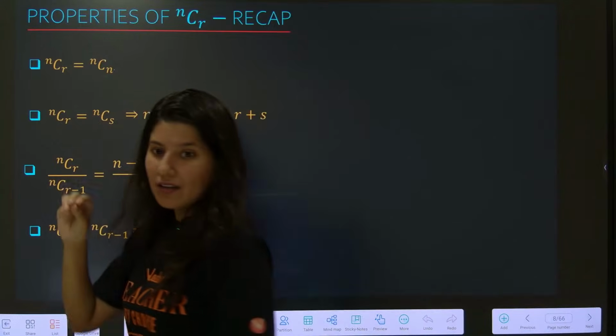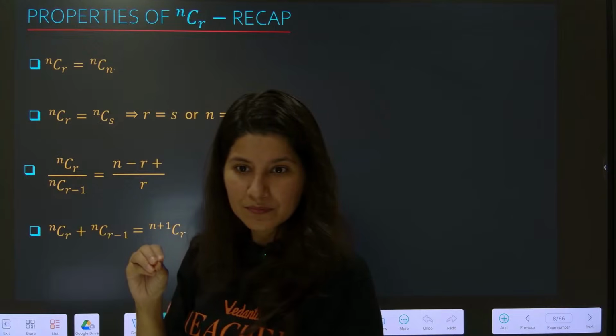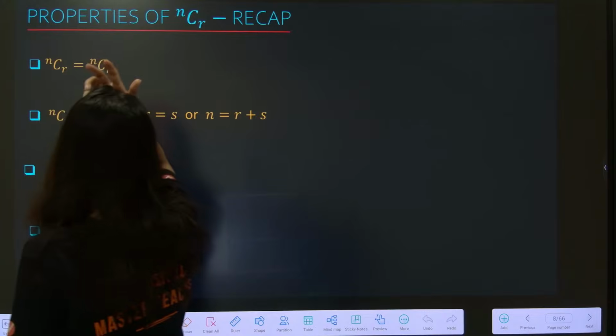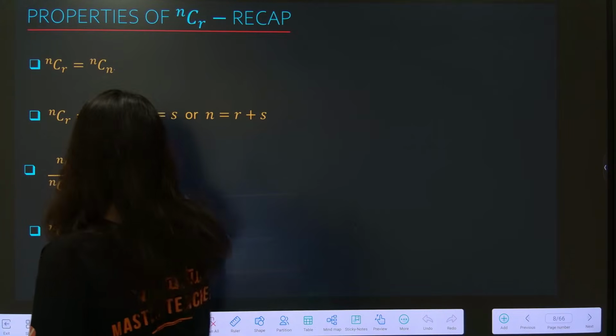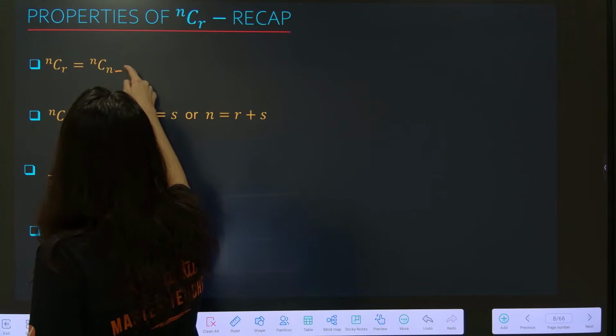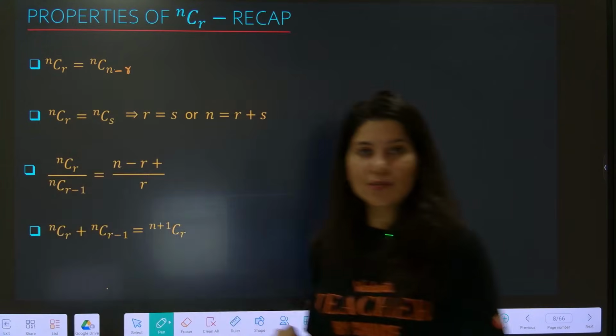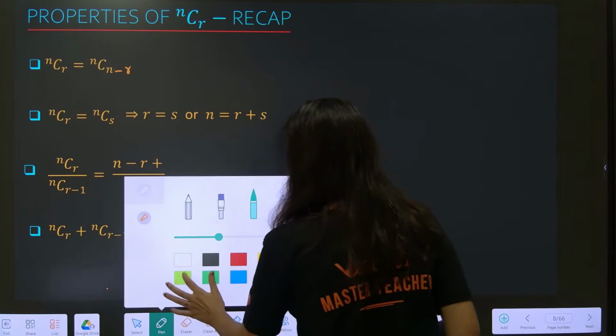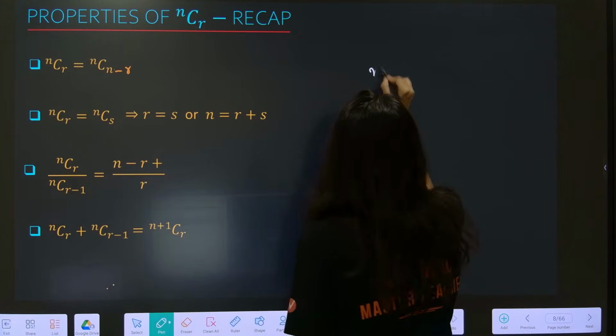Now, understand, properties of NCR. NCR is equal to NC N minus R. What does that mean? Let's calculate.